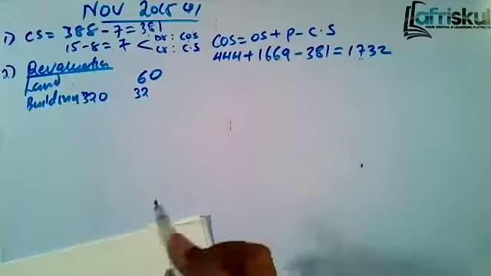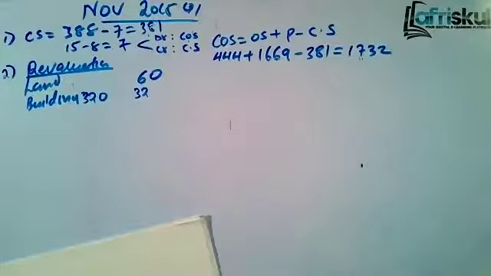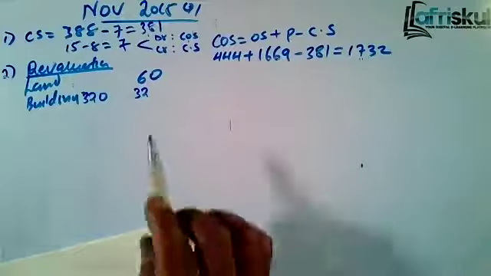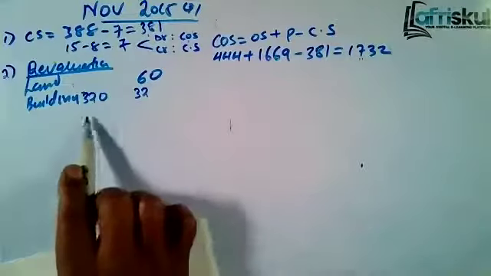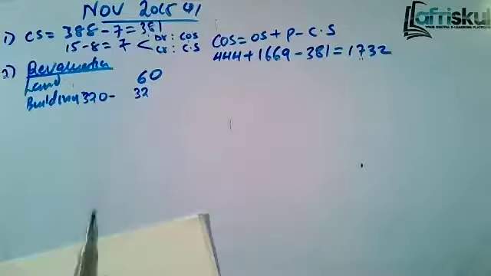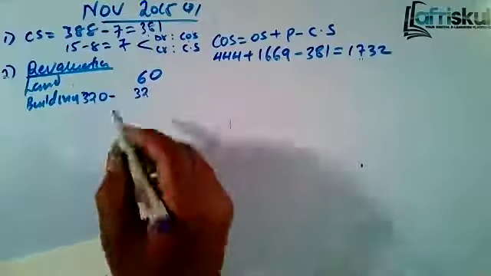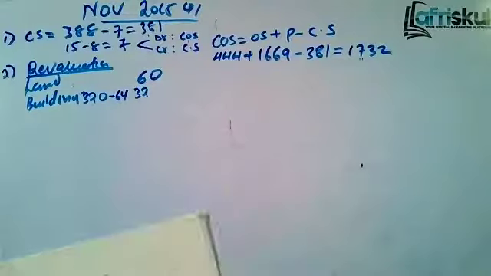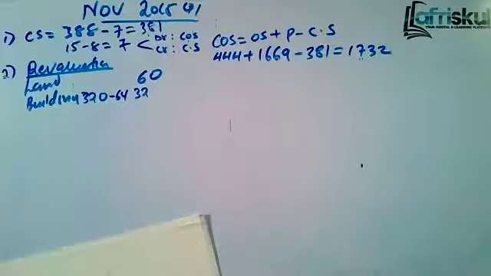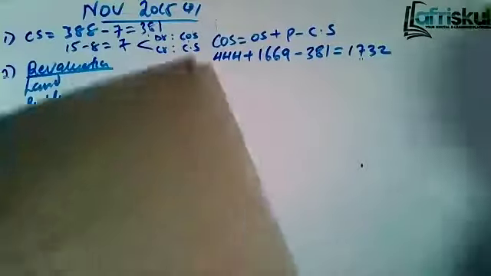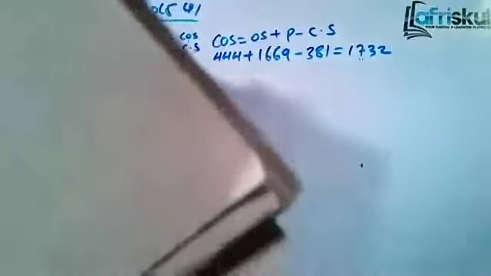I repeat, for the land and building you are given the total of 380, and you are told that land is 60. That means the building is 320. But remember, building is a depreciable item. From the trial balance, we can see accumulated depreciation on land and building, which was 64. So if you take 320 minus 64, you get 256.